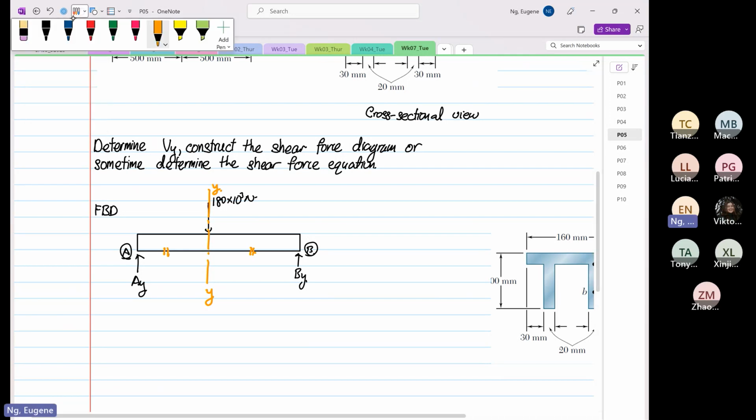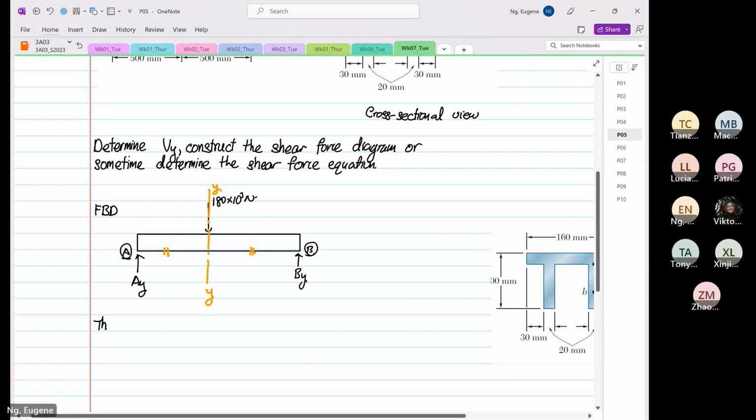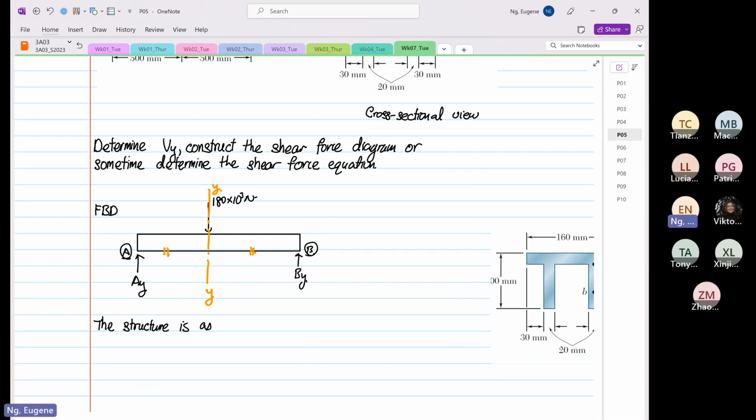Okay, so we know that this structure is axis symmetric in terms of geometry and load about the y-axis.